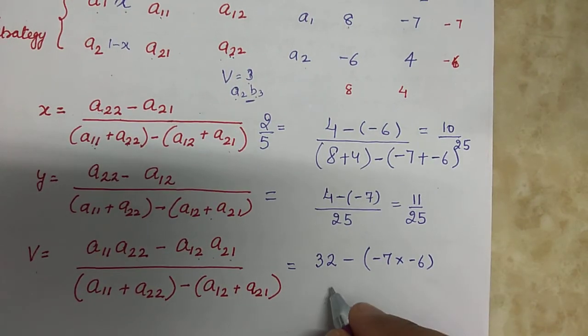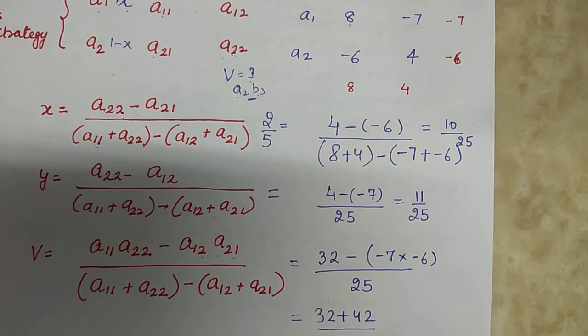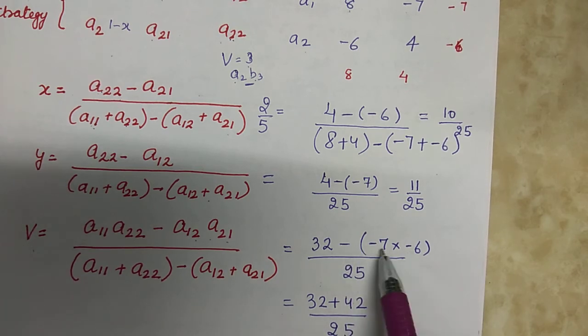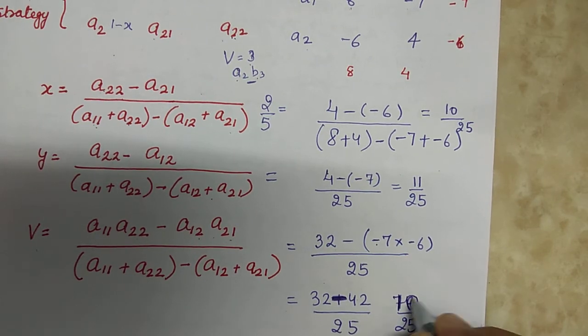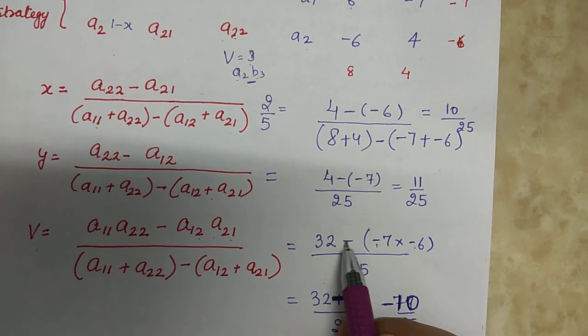So 32 minus 42, divided by 25. Because minus minus is automatically plus, and again this becomes minus.